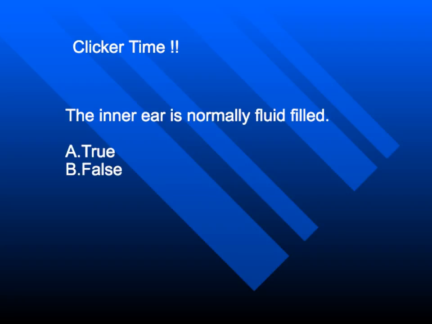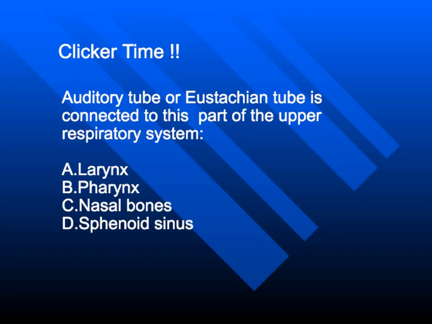So that's mostly fluid. There is fluid inside. It's the middle ear that cannot have fluid in it. Okay? All right, so the auditory tube or eustachian tube is connected to this part of the upper respiratory system. Pharynx. Okay?